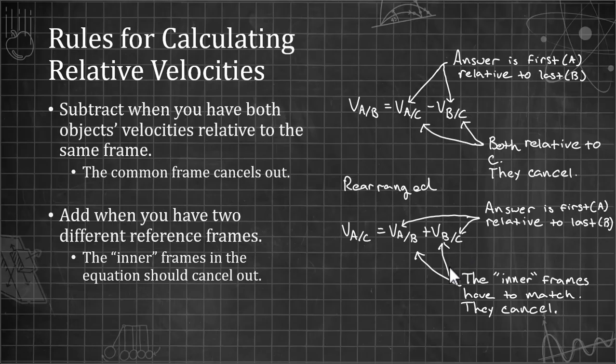And for this equation to work, our inner frames here, these B's, have to be the same. So if I had something like VA/D plus VB/C, that would not work because the B and the D are mismatching on the inner. Those have to be the same.